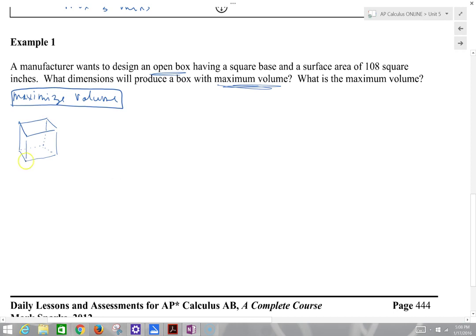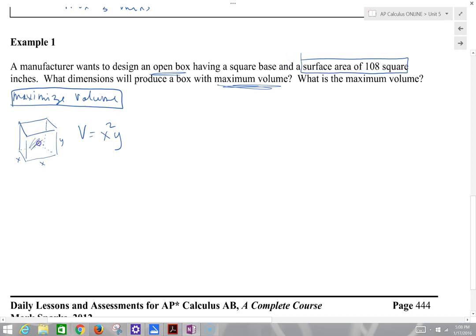So we want to maximize the volume. We know it has a square base, so we could call the base x, and then the height y, and then the volume is going to be x squared y. And our volume equation has 2 variables in it, so we need to find a way to relate them to each other. And we can do that by finding the surface area, which is 108 square inches.